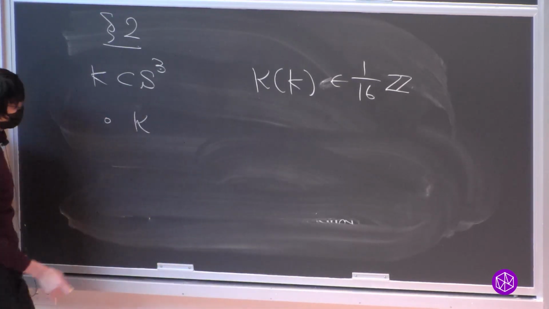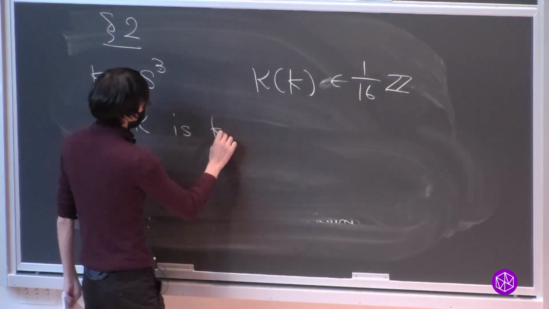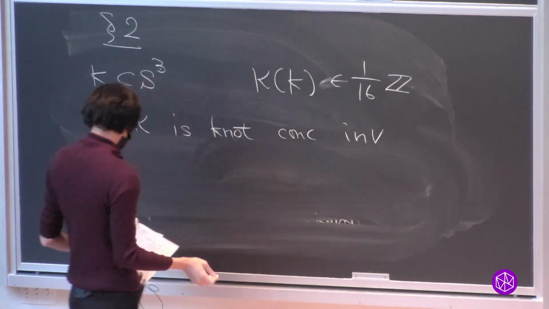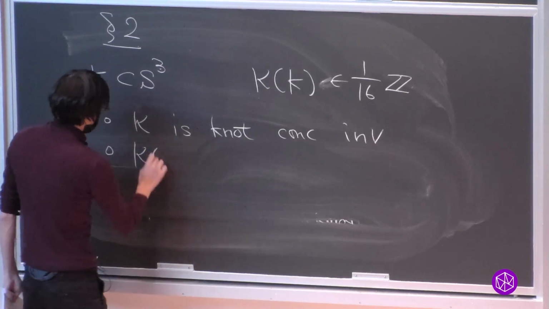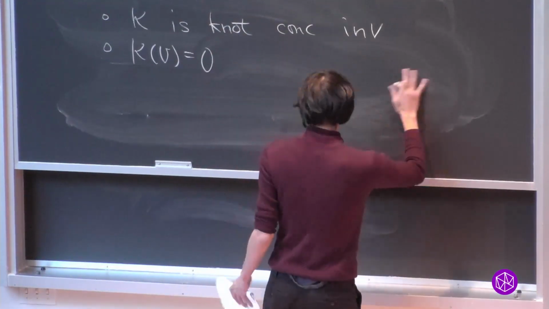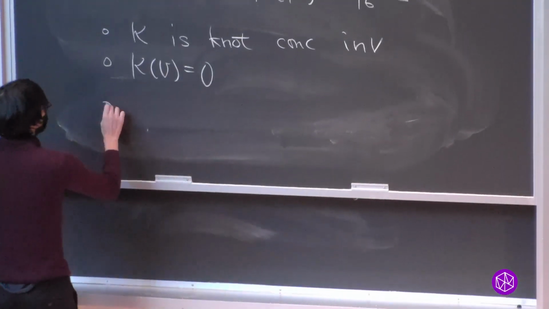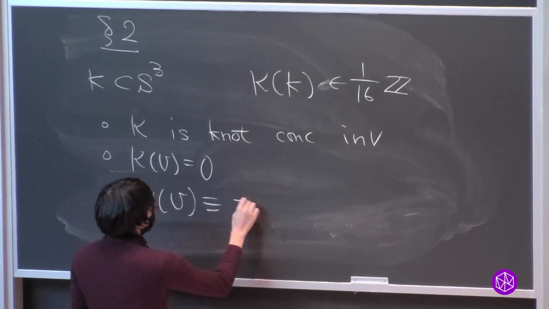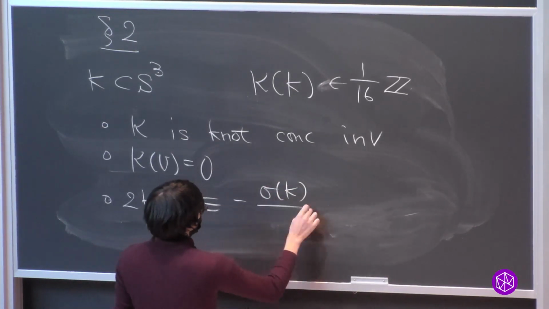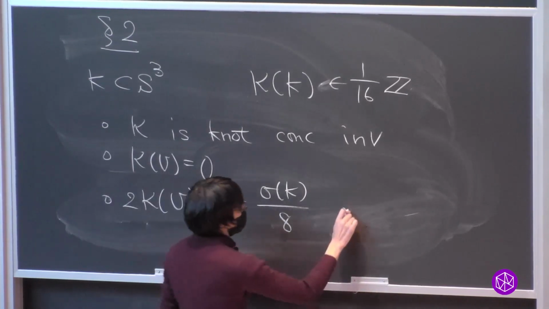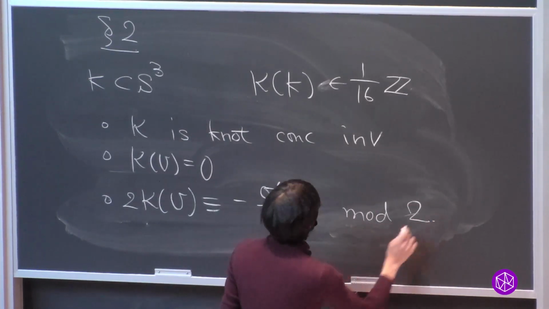First of all, kappa is not a concordance invariant. And the kappa of the unknot is equal to 0. And twice kappa is equal to minus signature over 8 modulo 2.